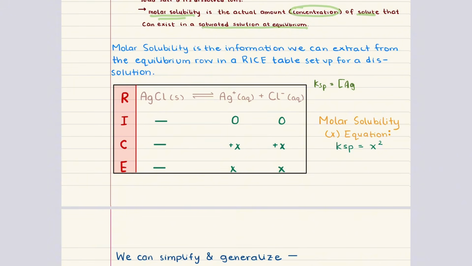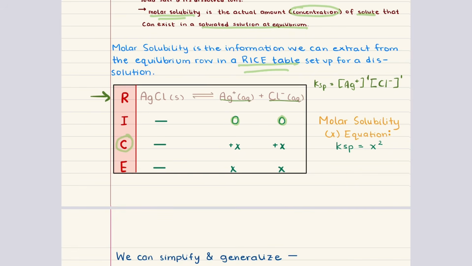We write the equilibrium equation as silver chloride on the reactant side, and we write silver ions and chloride ions on the product side. If we start with only silver chloride and pure water, then initially there are no ions in solution. But as dissolution begins, we can track the ion concentrations using an ICE table.